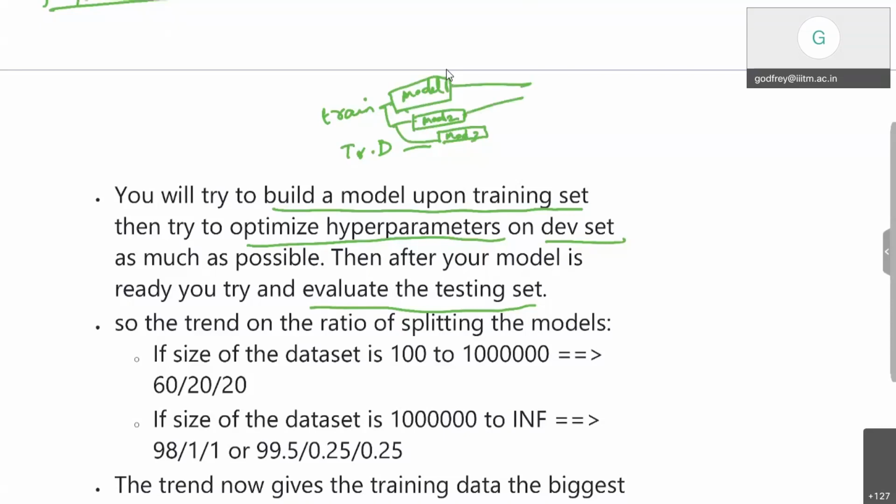You train on the same data set, and then use the validation data set to check and compare which among these models is the best.